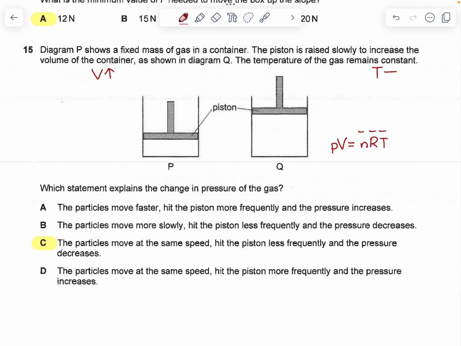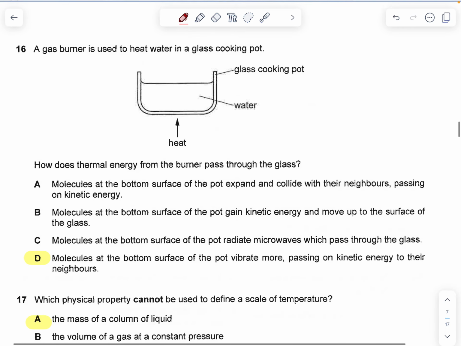When volume increases, the pressure will naturally decrease. Since speed is proportional to temperature and temperature is constant, the speed is constant, and now the particles will actually hit the piston less frequently and the pressure decreases.